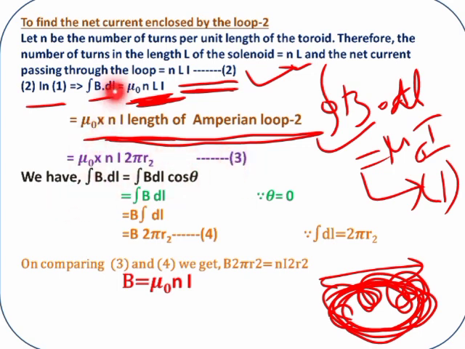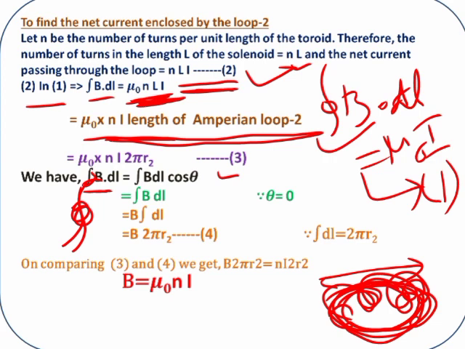We have the LHS side, integral of B dot dl as it is, and the closed path you can show as a circular ring like this, with the integral symbol for B dot dl. So what is B dot dl here? If you remove the dot, then we have to add cos theta.